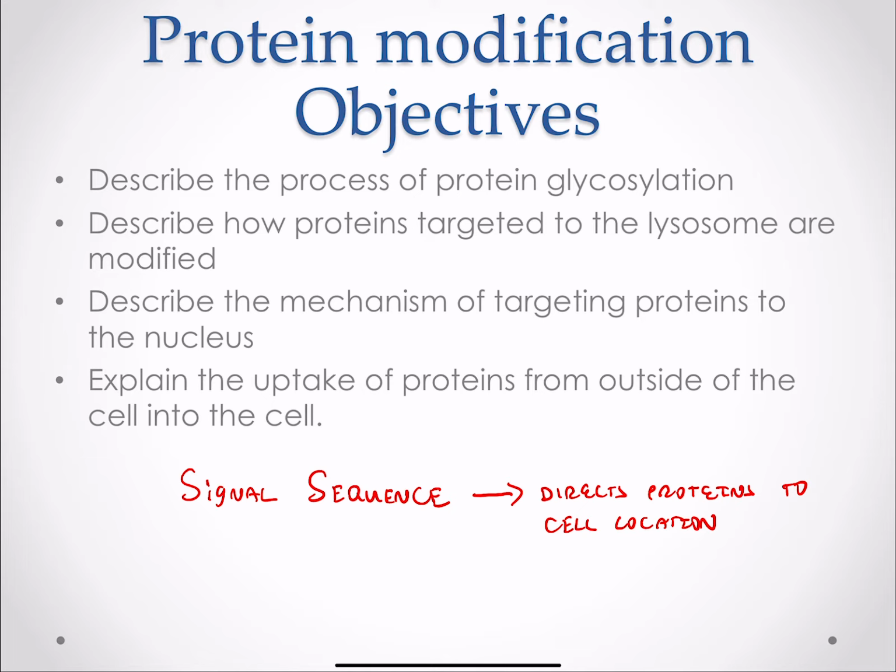So, for example, proteins that are going to be targeted to the mitochondria or the endoplasmic reticulum are going to have a signal sequence at their amino terminus.